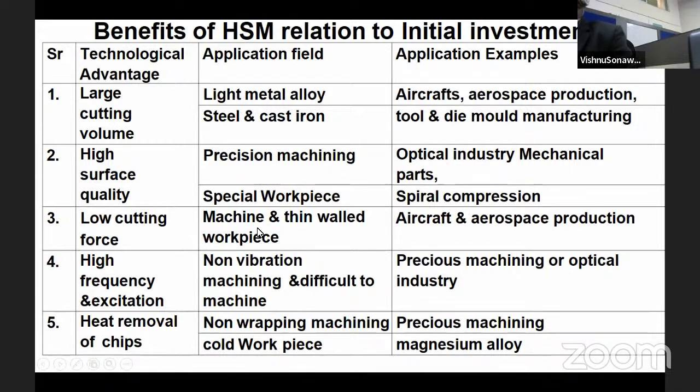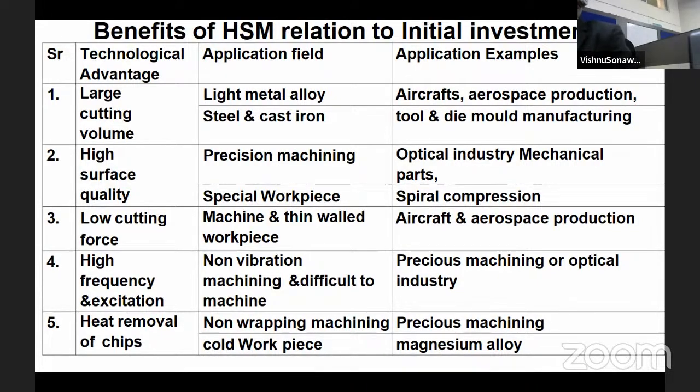And low cutting force will be initiated in high speed machining when we are going to the thin walled workpiece machining, aircraft and aerospace production. This is the main industrial application.